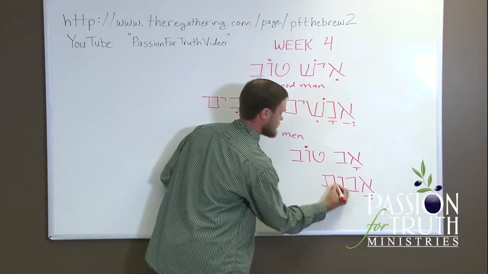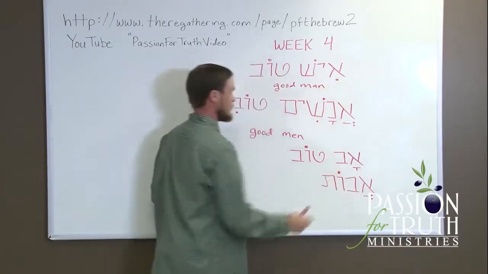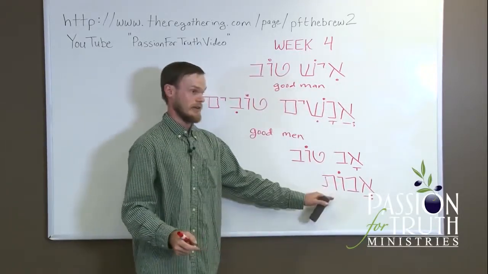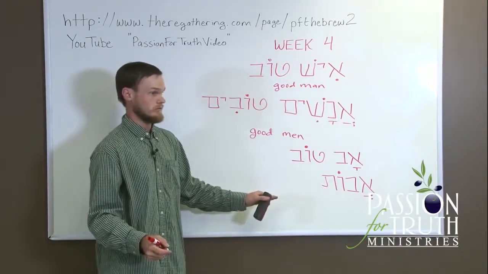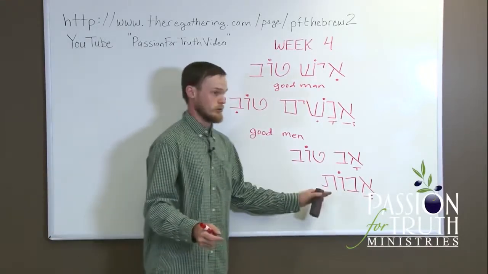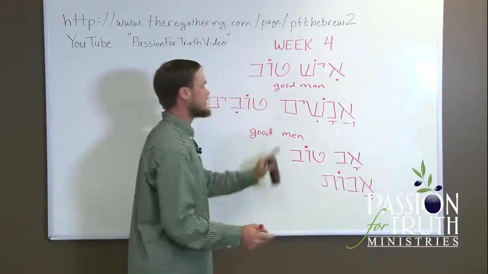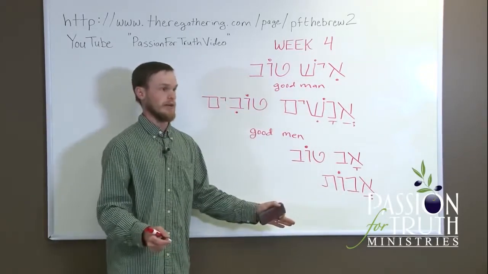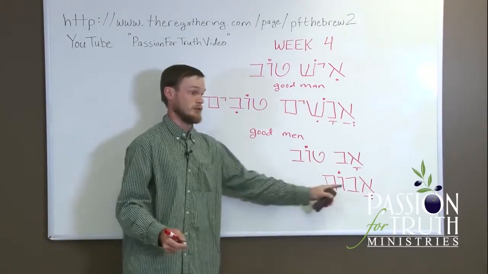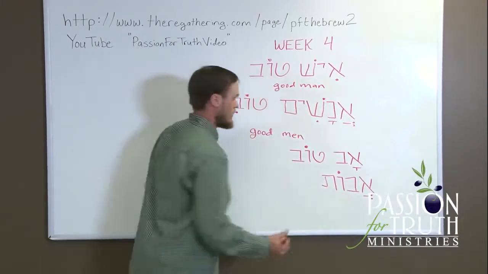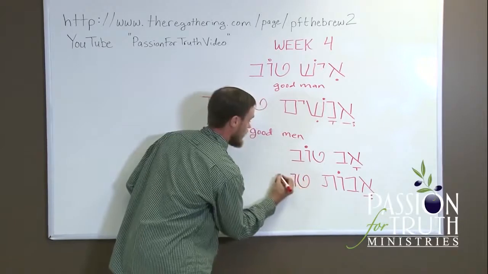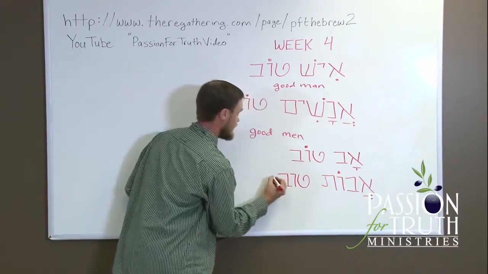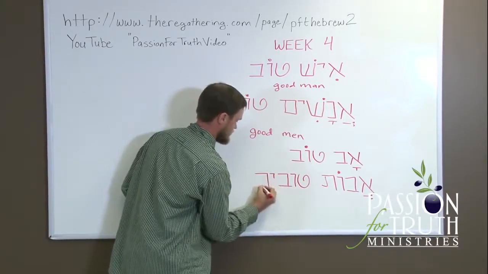Avot. Now, even though it takes this irregular plural, which is normally the plural added to a feminine noun, avot is still a masculine word. This is an irregular plural form. The adjective doesn't care if it's an irregular plural form. It only cares about the gender of the noun. So when we speak of good fathers, avot tovim.